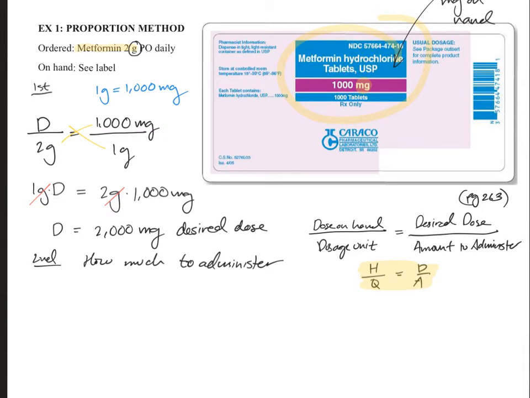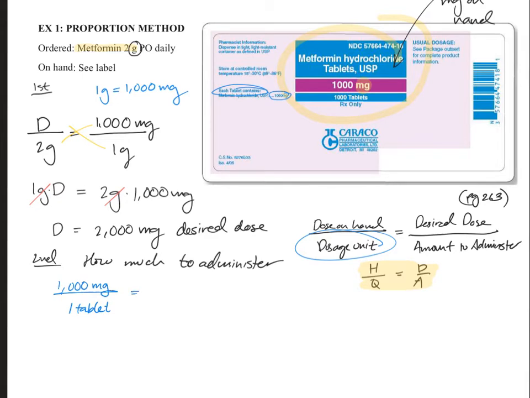Alright, so let's set this up. H over Q is going to end up being 1,000 milligrams all over 1 tablet, because the dosage unit is right here, 1,000 mg in each tablet.